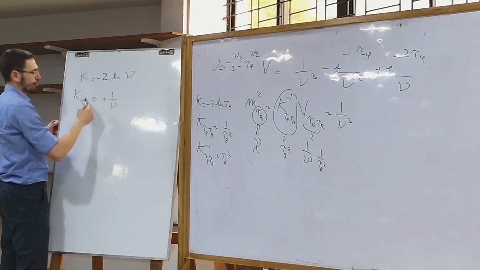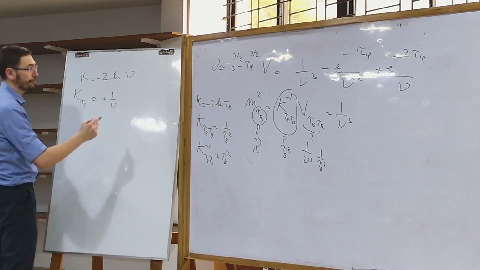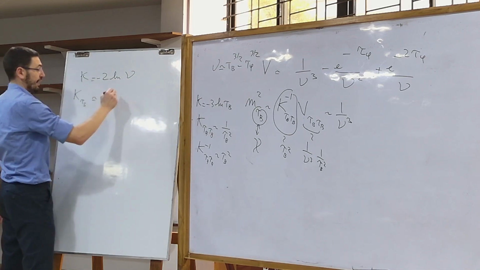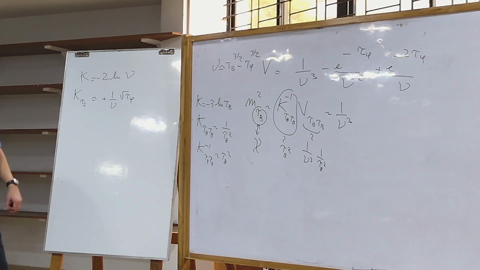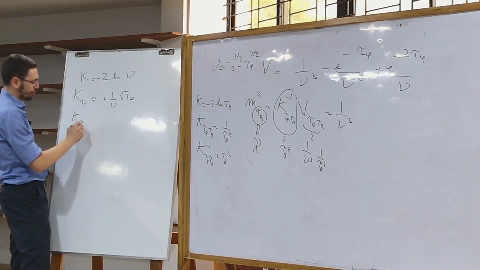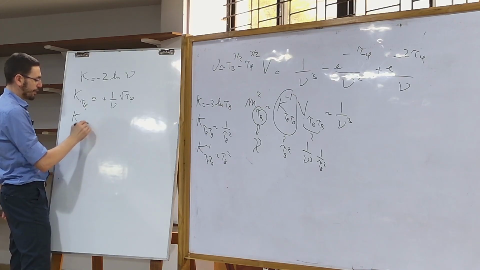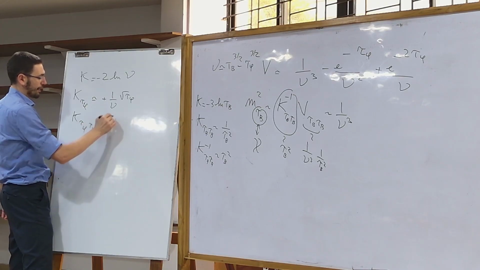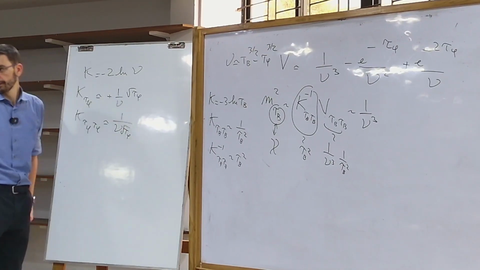Let's just look at the scaling. I don't care about the signs. And then times the derivative of the volume with respect to tau phi. So you get some square root of tau phi, right? Just by taking the derivative. Now you take the second derivative. Sorry, tau phi, not tau s. You take the second derivative and you get something like 1 over the volume times square root of tau phi in the denominator.